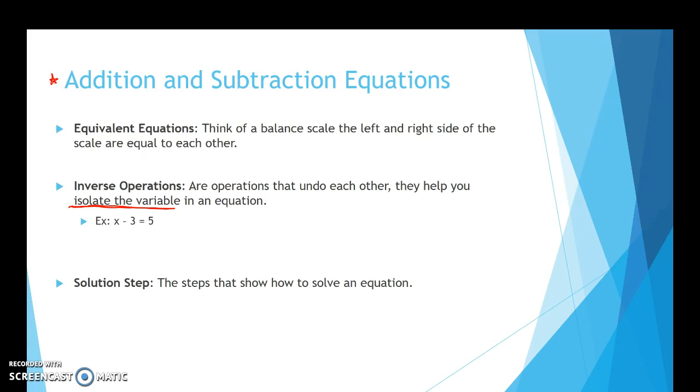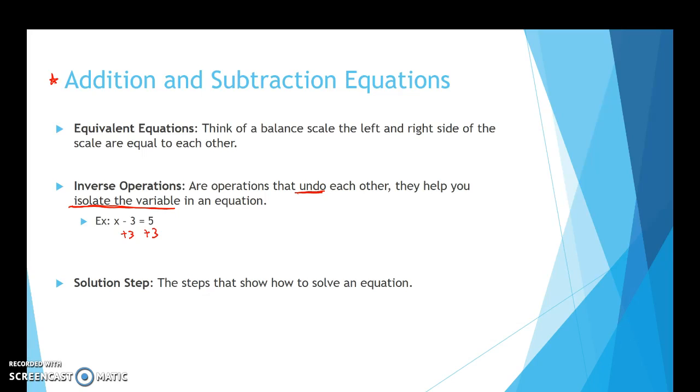So here we have an example of x minus 3 equals 5. So when we think of undoing an operation, when we think of undo, what's the opposite of a minus 3? We need to undo that. So we're going to add 3 to the left. And when we add 3 to the left, we need to add 3 to the right.